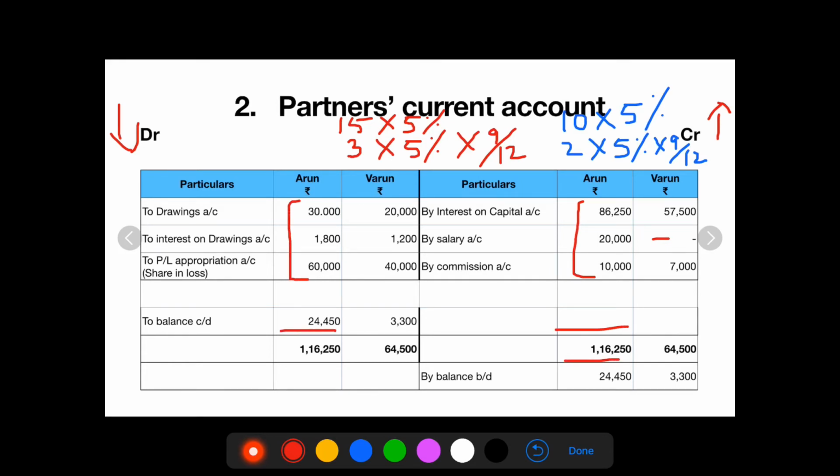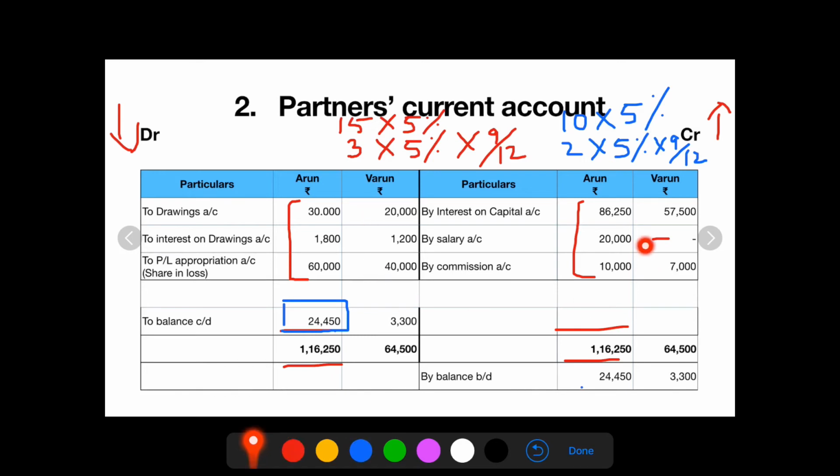If you take the total of credit, 86,250 plus 20,000 plus 10,000, you will get 1,16,250 written on both the sides. 1,16,250 minus 30,000 minus 1,800 minus 60,000. We are going to get an amount of 24,450, which is being carried down and brought down.